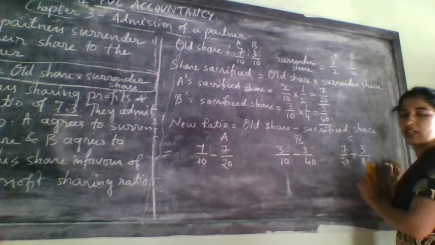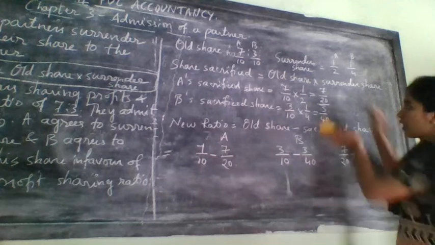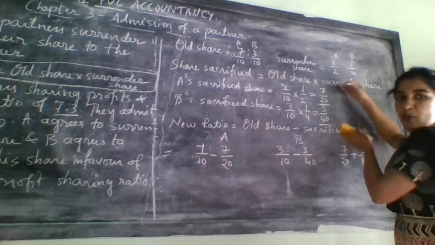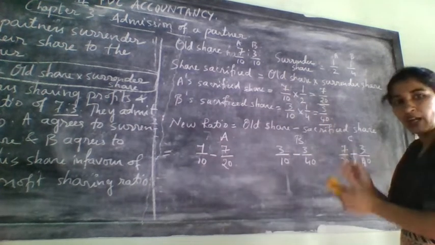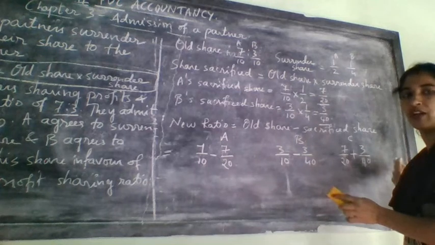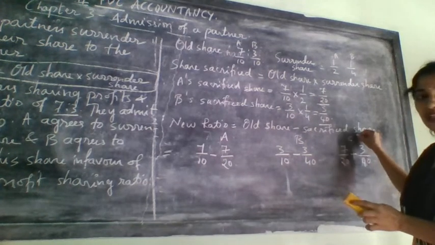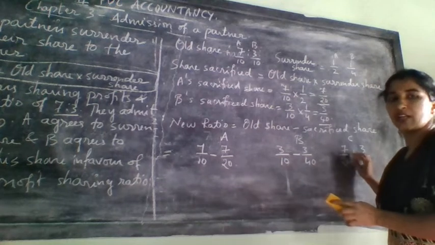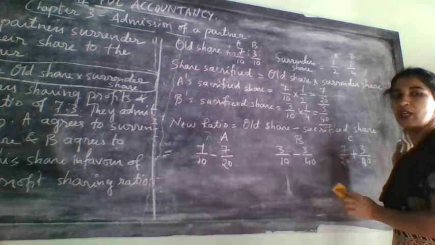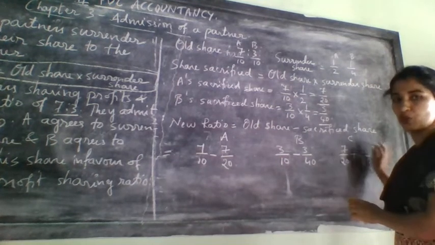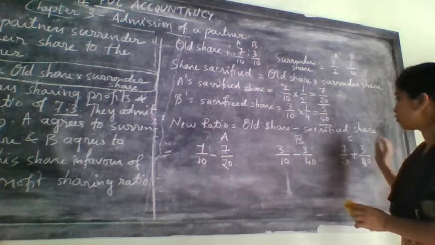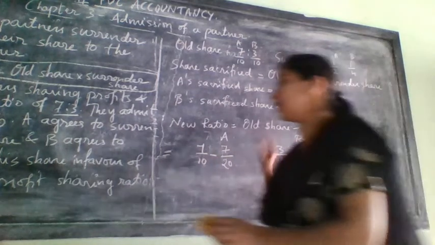So the new partner share is nothing but how much A sacrifices plus how much B sacrifices. If you add together, that will become the share of the new partner. So to get the new partner share, you need to add the shares sacrificed by the old partners.